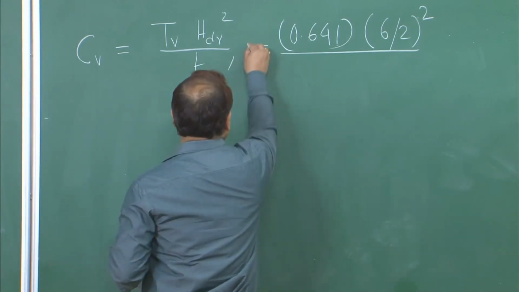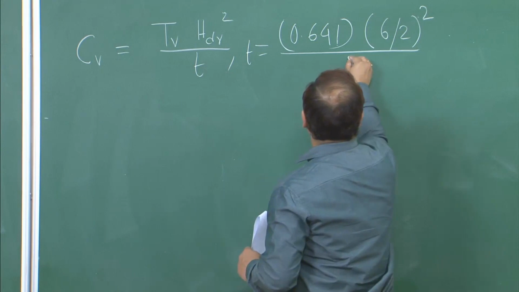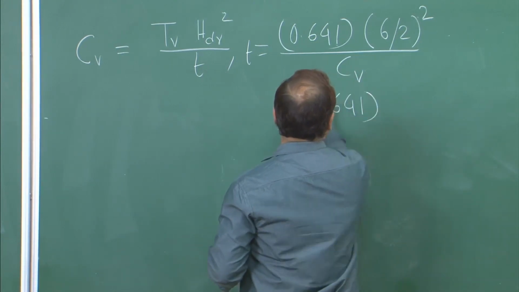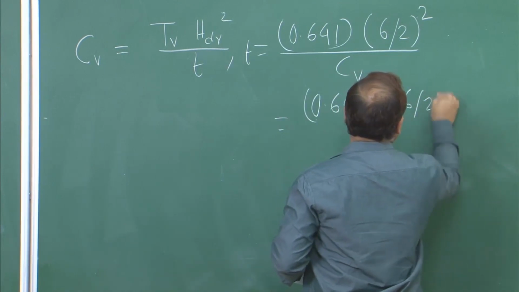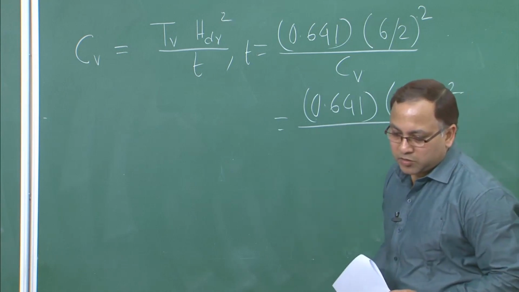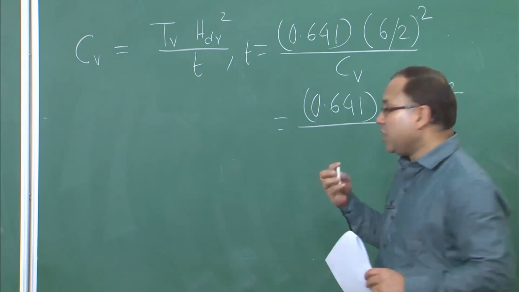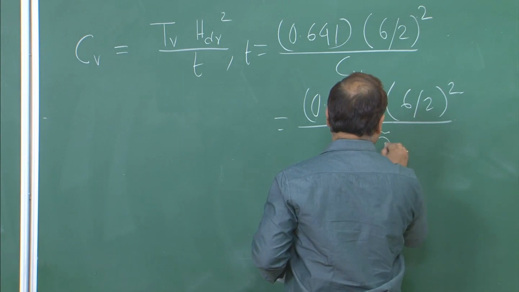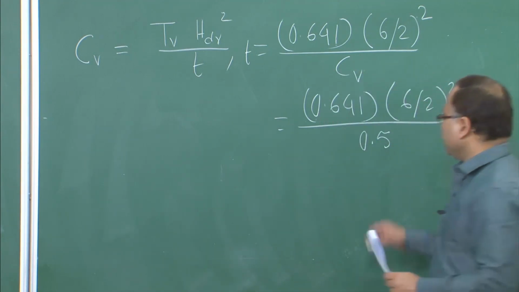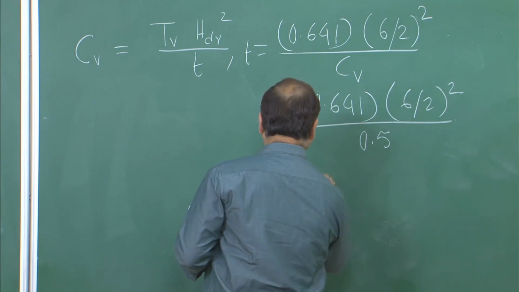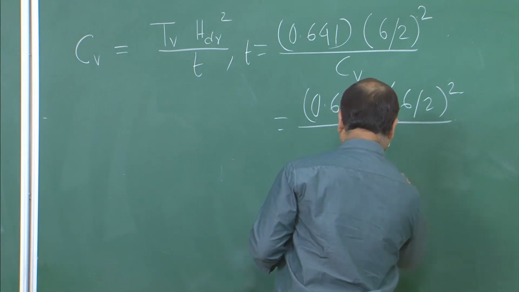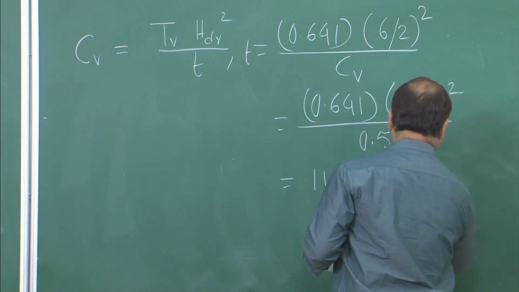From that I can write T equal to 0.641 times (6 by 2) whole square, divided by CV. CV is 0.5 meter square per month. Once you get all those things, you will be getting 11.538 months.